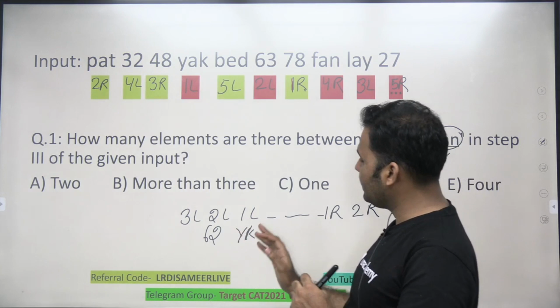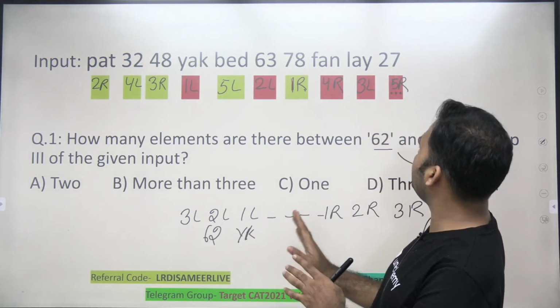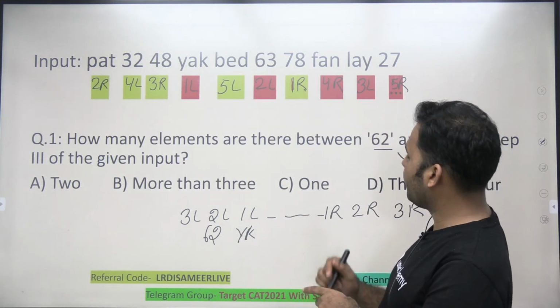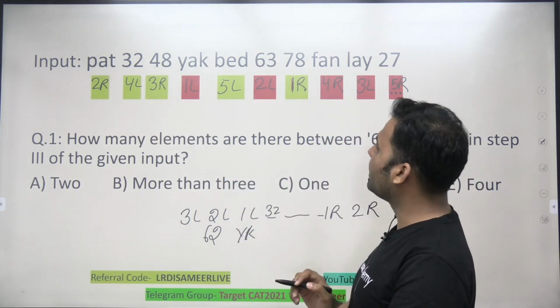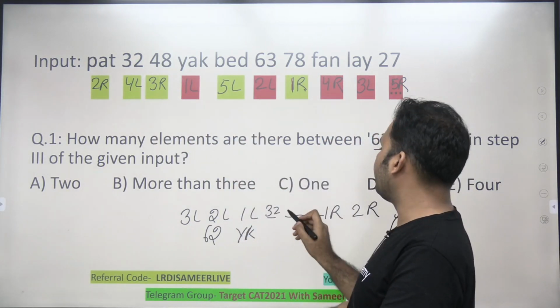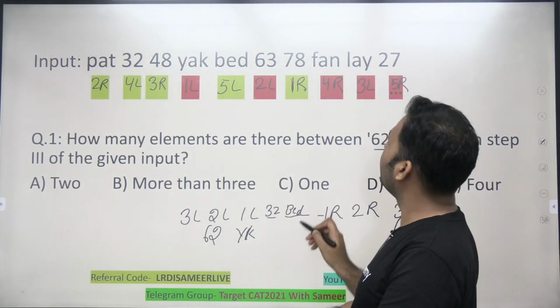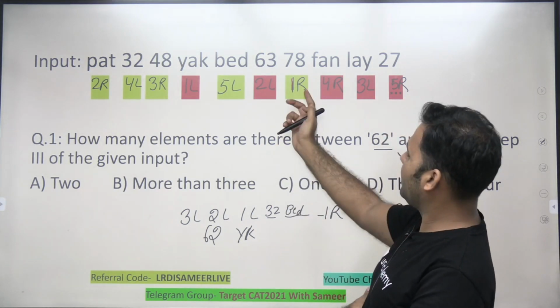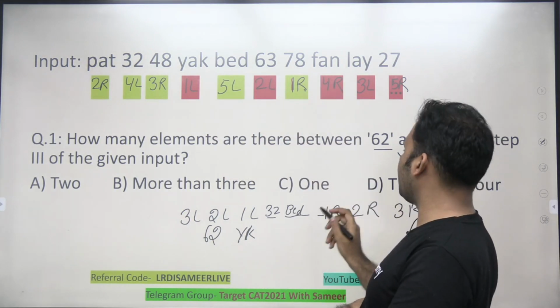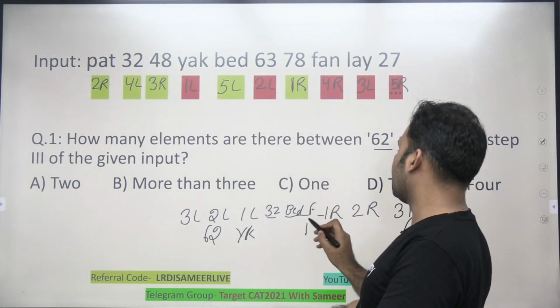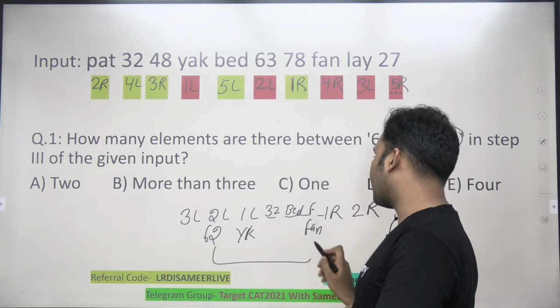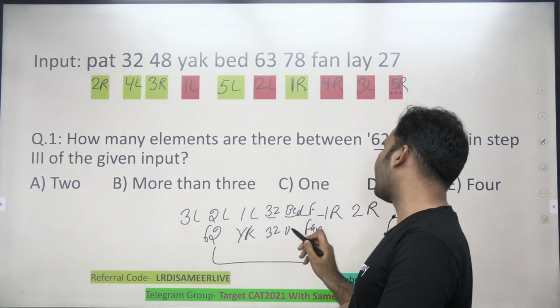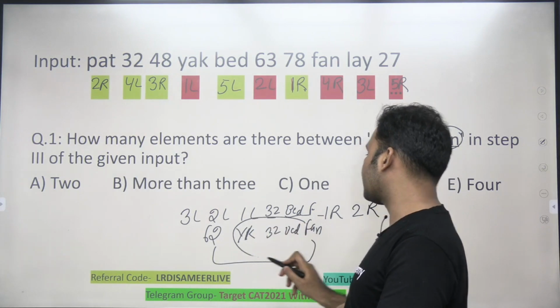Once you arrange these elements, you see the position of fan: you will have 62 here, then the word bed here, and then these two elements are already positioned, and then you'll have the word fan. So between the word 62 and fan, I'll have three elements, and these are the three elements.